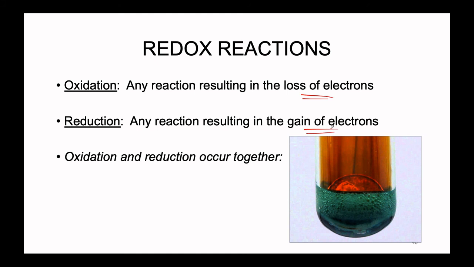We can think of these almost in parallel to the acids and bases that we just talked about, where an acid lost H+ and a base gained H+. Oxidation and reduction pertain to losing electrons and gaining electrons. This explains why they always occur together in some type of redox reaction, in much the same way that neutralization reactions require an acid and a base to be present.